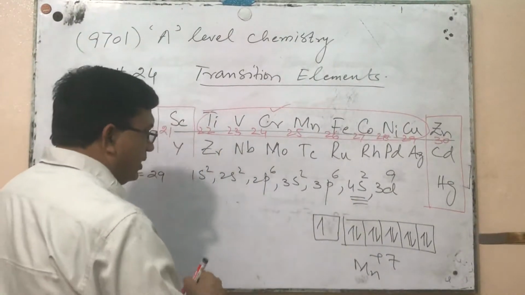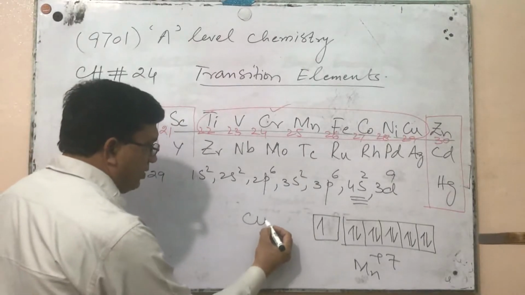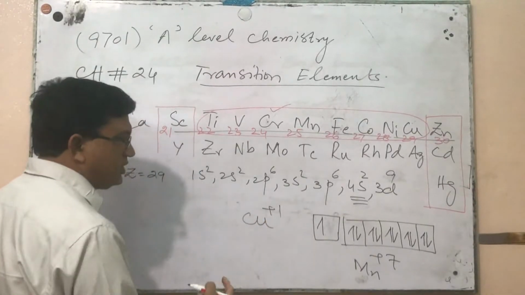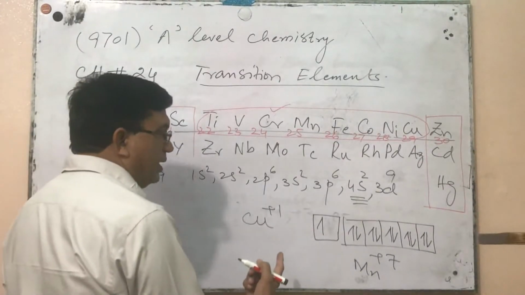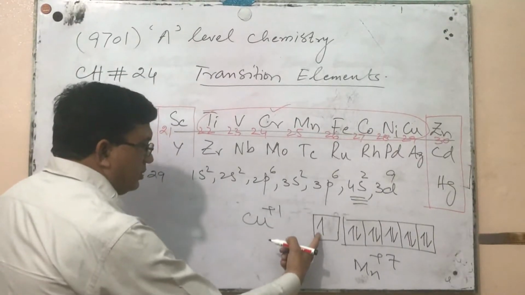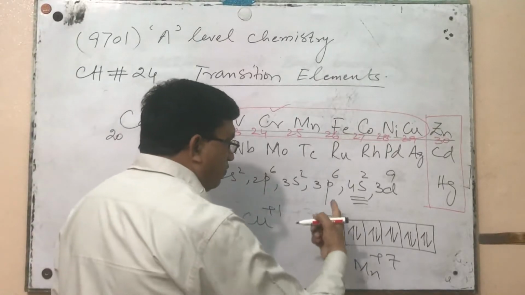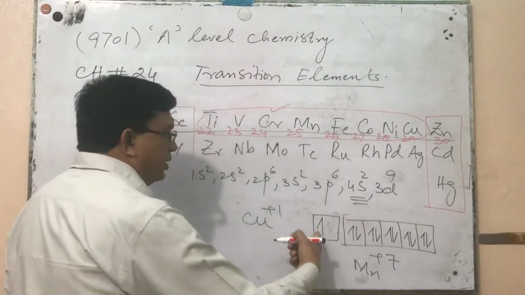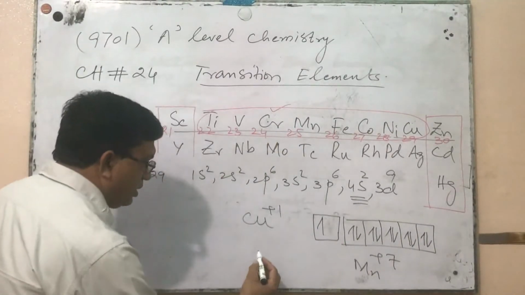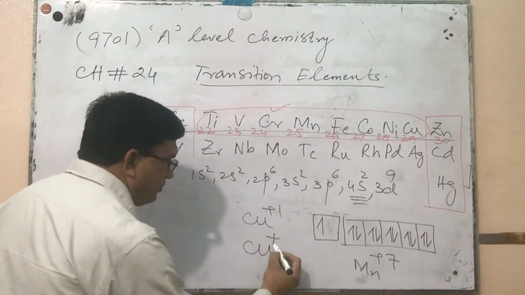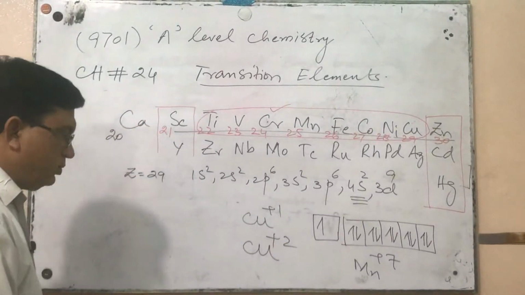That's why copper's +1 oxidation state can take place due to the removal of this one electron. But whenever one electron from 4s and one electron which is shifted into the d orbital are removed, copper will definitely attain the Cu positive 2 oxidation state.